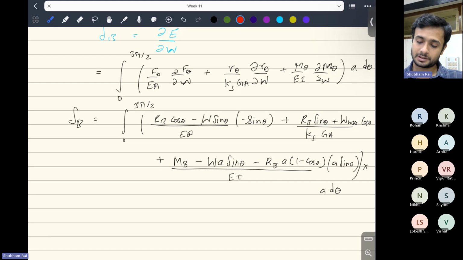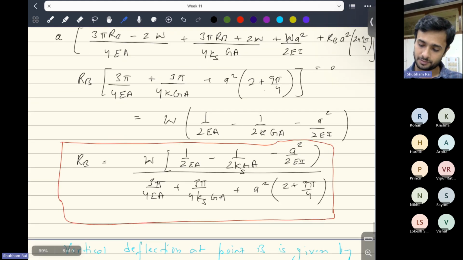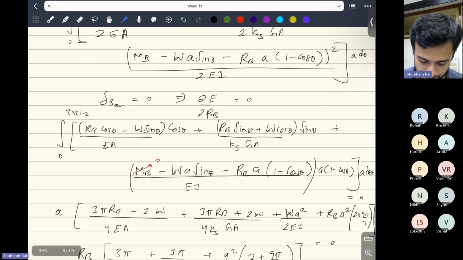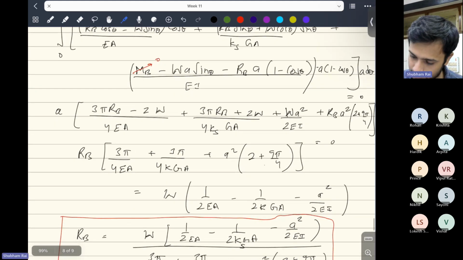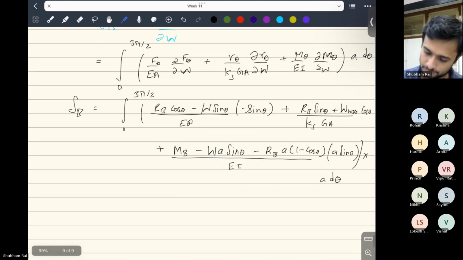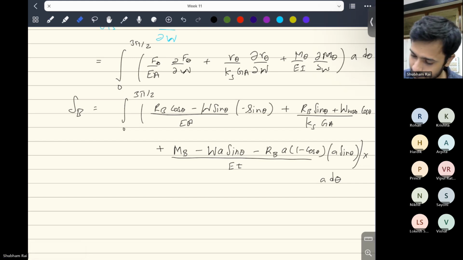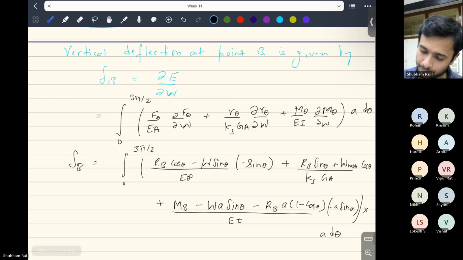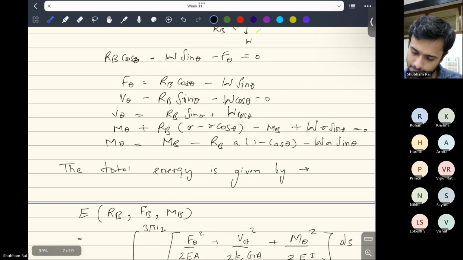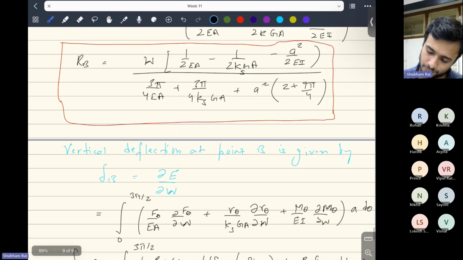Actually, del M theta by del W will be A sin theta. You can see from here, that is minus of A sin theta, so I should include the minus sign also. Here a minus sign will be there.